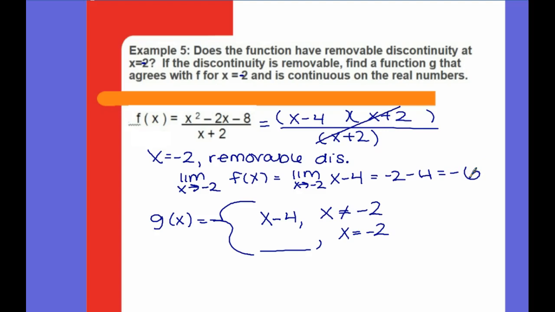So the limit is -6. Therefore, to fill it in and make it continuous, the function needs to be -6. So again, you could write the x minus 4. If you want to be super lazy, you could also just write f of x and then put the -6. It's not wrong.